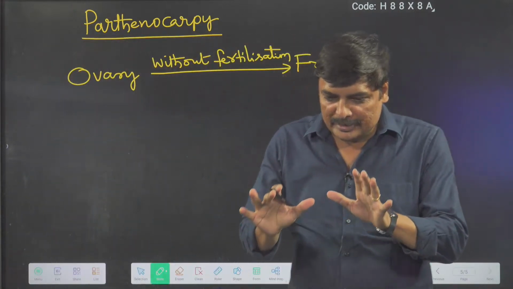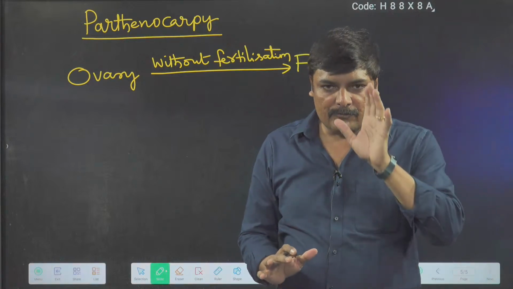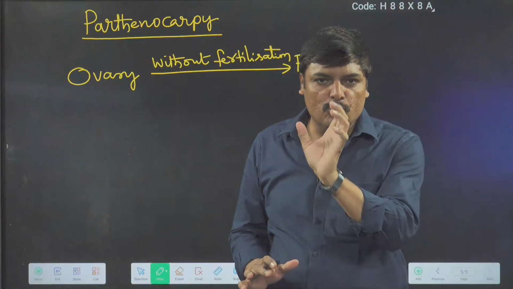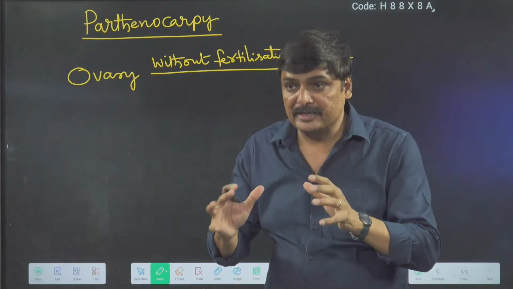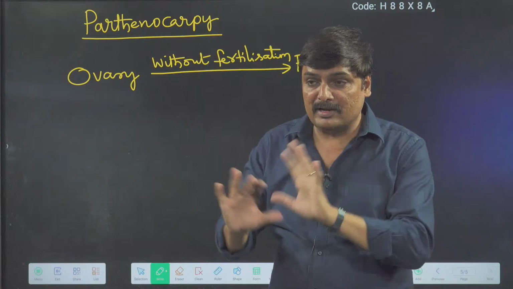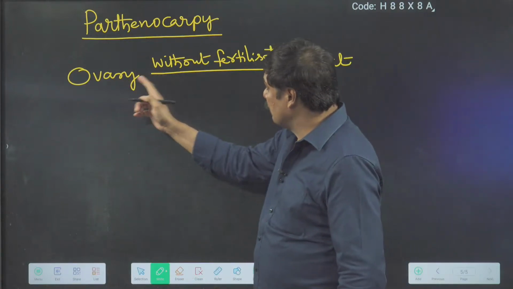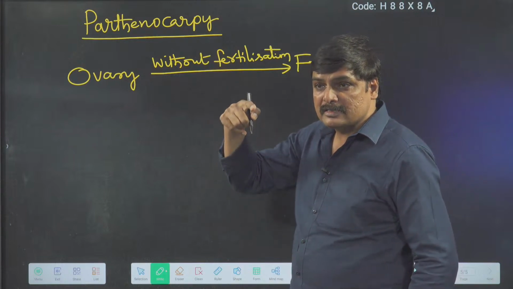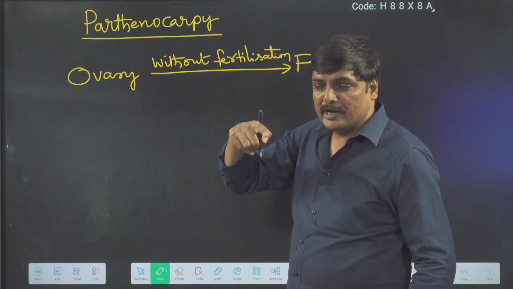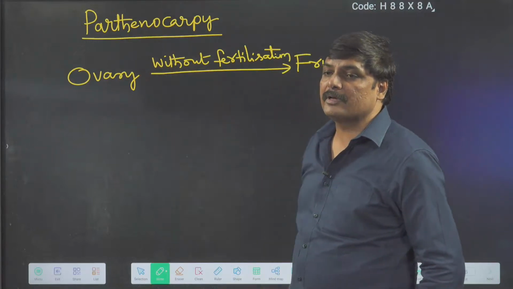I told you clearly that generally after fertilization ovary becomes fruit. In some species, rarely, not commonly, ovary becomes fruit even without fertilization, and such development of ovary into fruit without fertilization is called parthenocarpy.